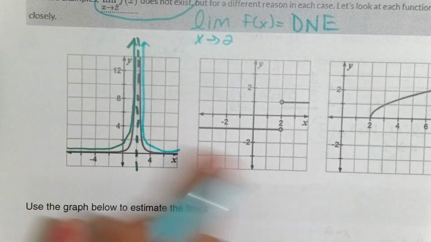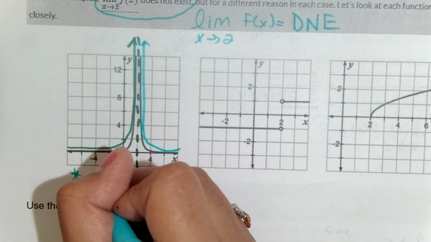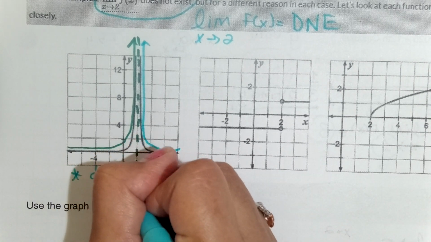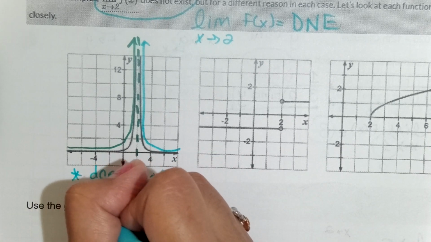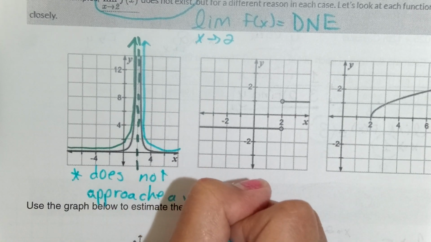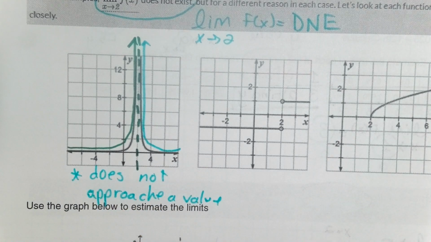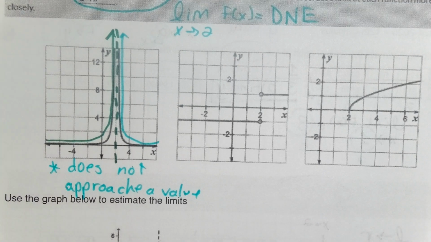This is why this graph does not exist. It does not approach a value. So I'm writing the rationale underneath so that you know why it doesn't exist. Are there any questions on that one?